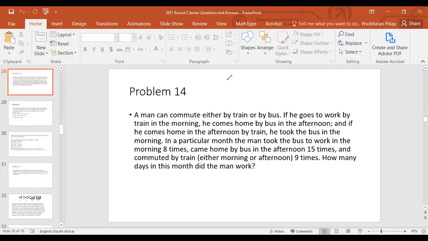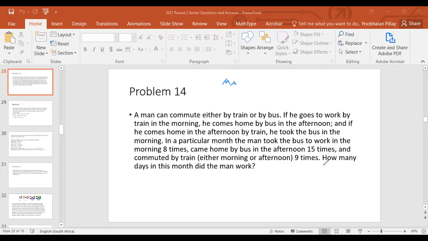If you talk about morning and afternoon, in the morning he takes the bus or the train. In the afternoon, he takes the bus or the train.